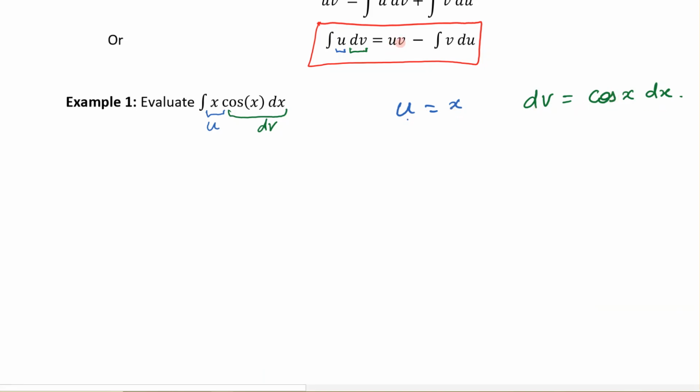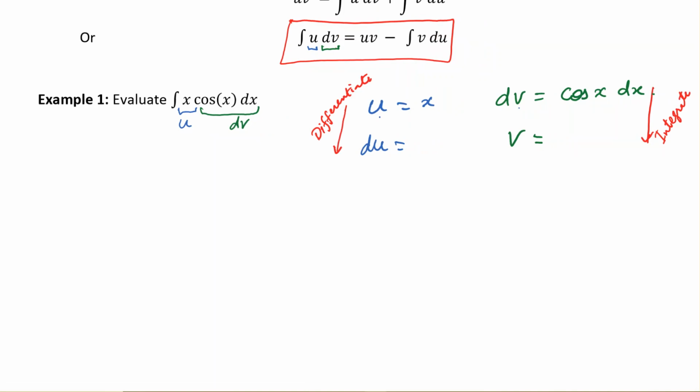Now we have to plug the values into this formula. The right hand side of the formula needs a product of u and v, so we need to evaluate v, and also du, so that we can put the values in our formula.